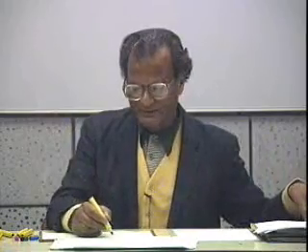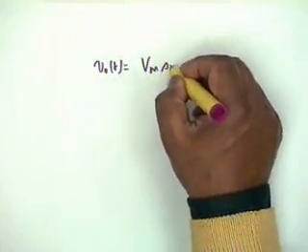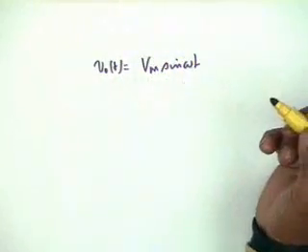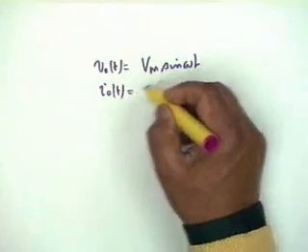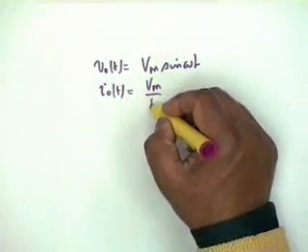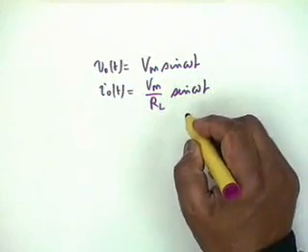Suppose V0(t) is Vm sin omega t. Then I0(t) would be equal to Vm by RL sin omega t. It's a resistive load, agreed?